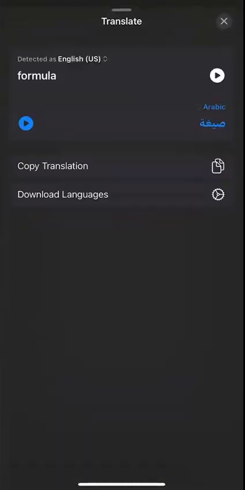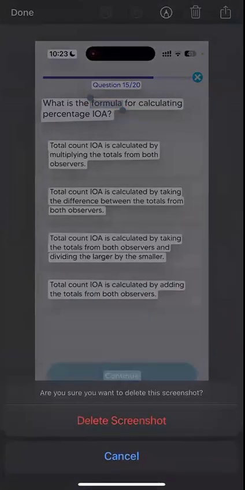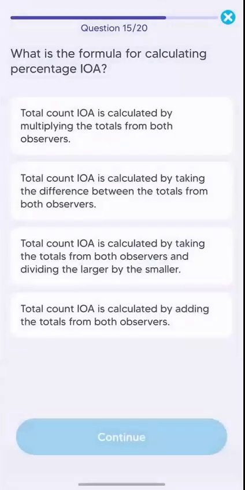Formula is like if you want to do division, you put the divide symbol, and any formula, like a square plus 2ab plus b square. I think this is like total count, the first kind of IOA, similar number divided by big number.